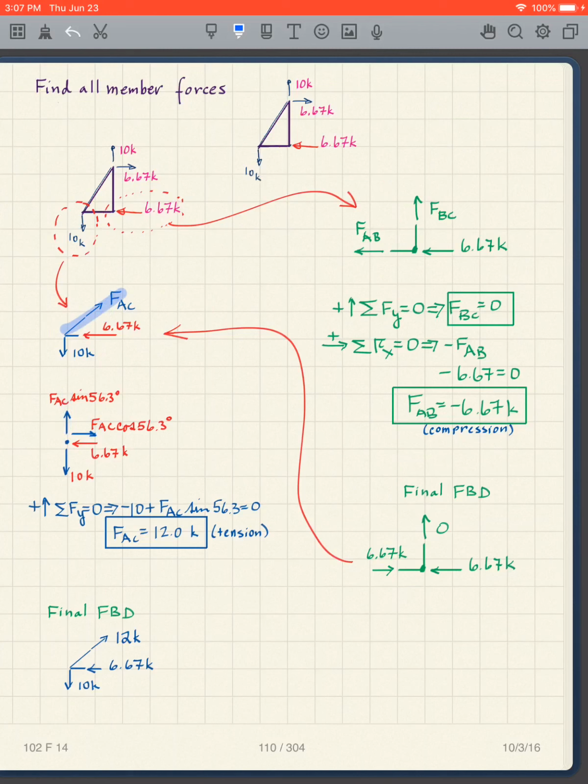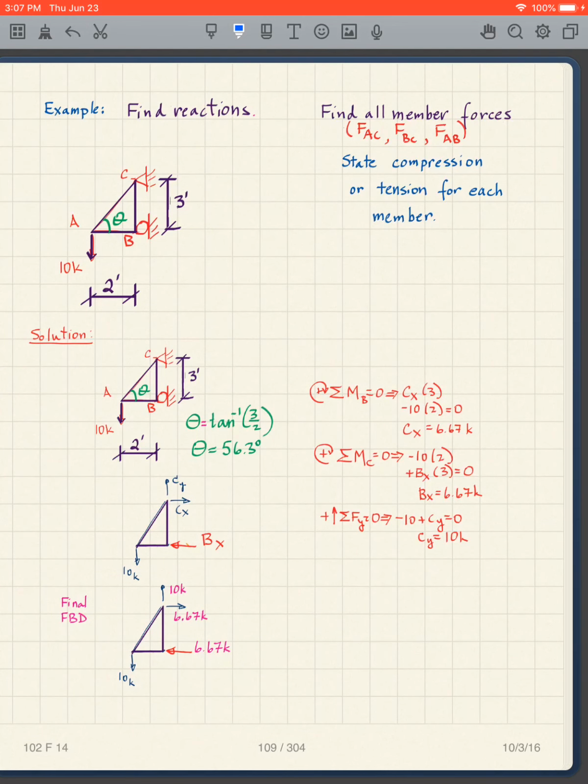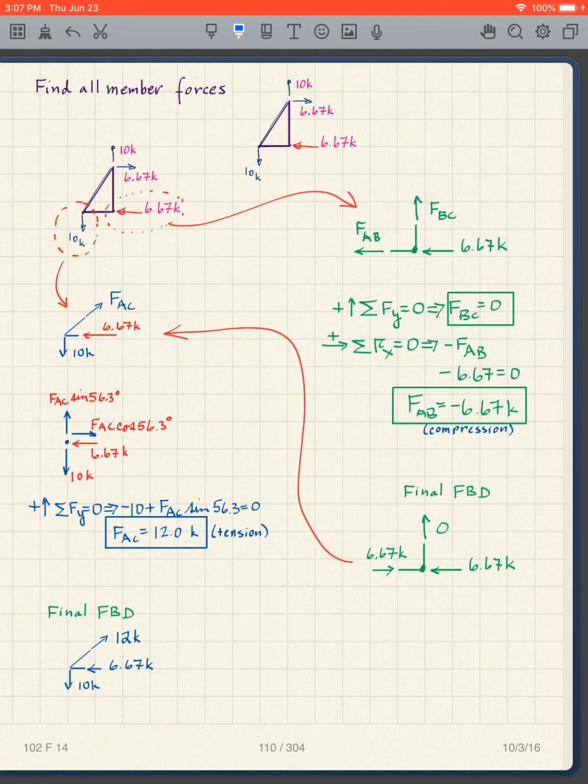And it's going to be FAC, FAC sine 56.3 for the vertical and FAC cosine 56.3 for the horizontal. And then I look at this, I take the sum of the forces in the x and y direction.